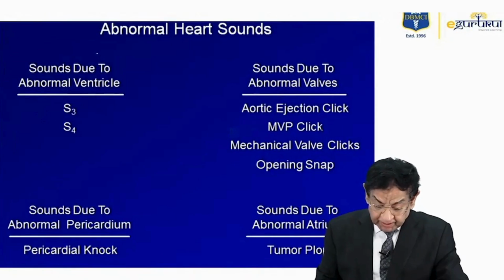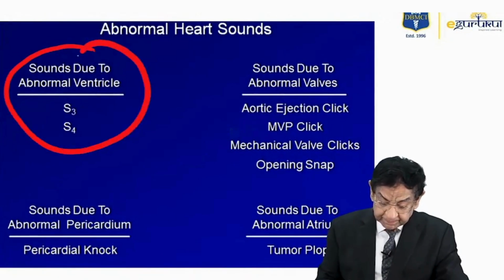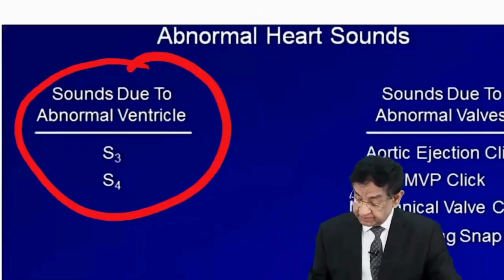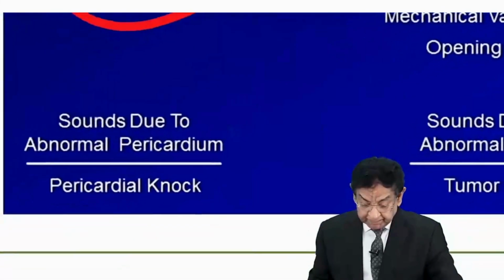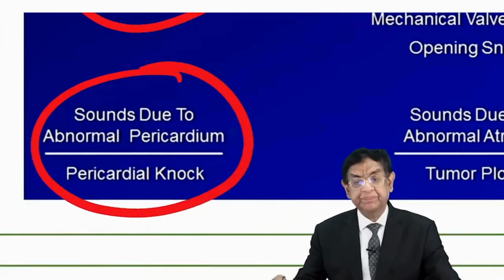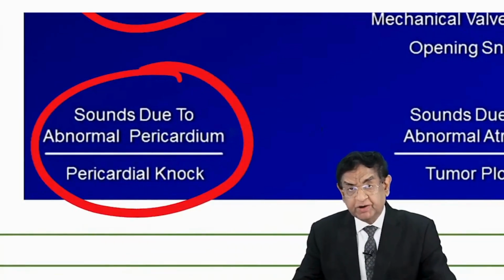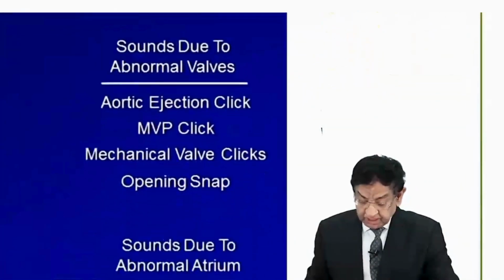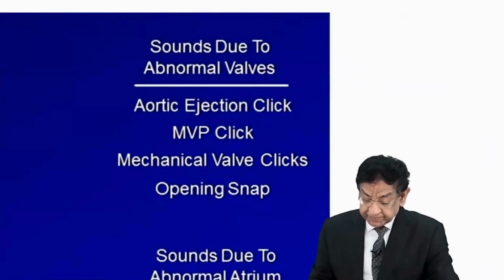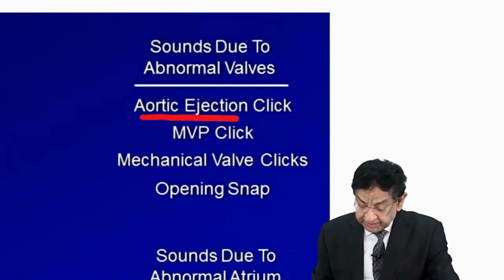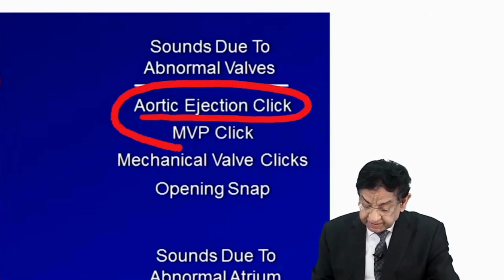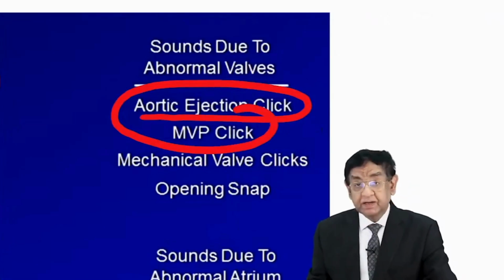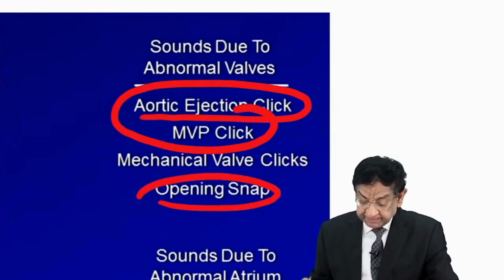Sound due to abnormal ventricle: S3, S4. Sound due to abnormal pericardium: pericardial knock. Sound due to abnormal valve: aortic and pulmonary ejection click, mitral valve click, then opening snap.